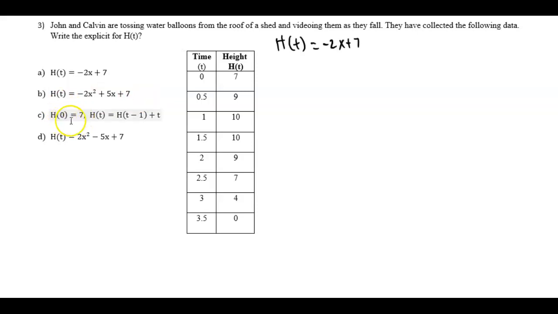And over here, however, h of 0 is 7, and h of t equals h of t minus 1, the previous term, plus t. So h of 1 should be equal to h of 0 plus 1. h of 0 is 7, plus 1 is 8.